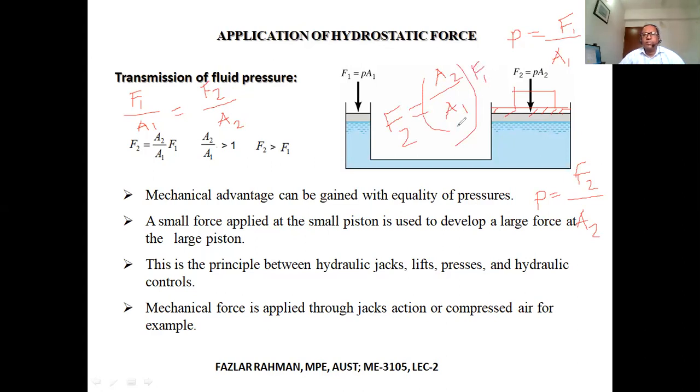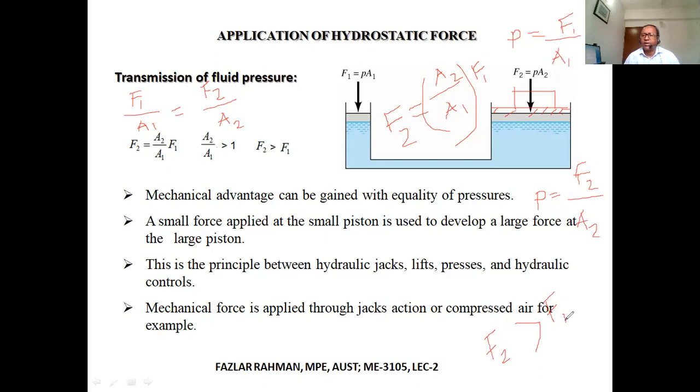Now you see the ratio of A2 by A1 will be greater than 1, right? That means F2 will always be greater than F1.